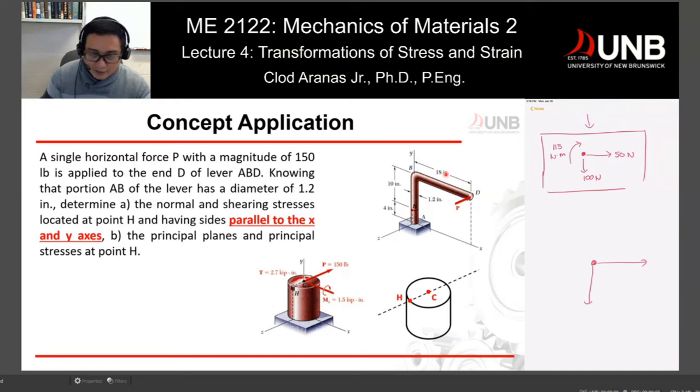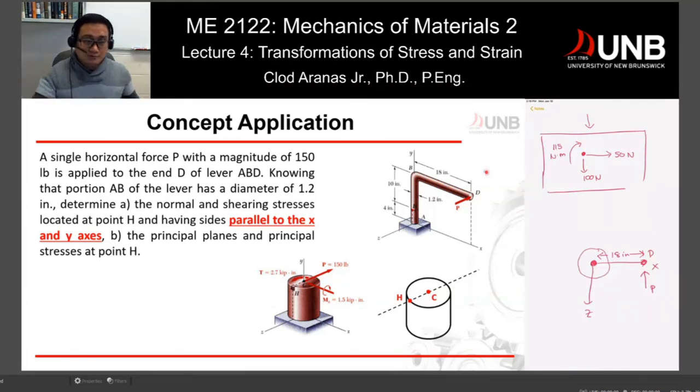So let's say that would be your Z, that's your X. So the direction pointing towards you would be Y. So you're looking down. If this would be your point D, you have a P right there. And you have 18 inches there. So it would produce a moment, but in this case, you have a section. So you are producing a torque along this section here.